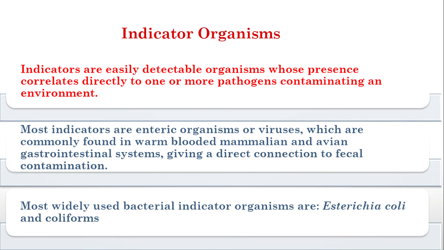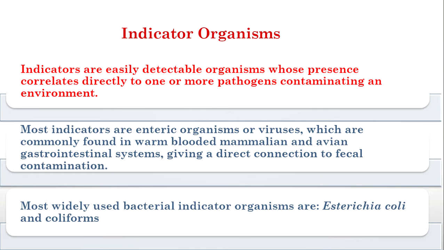But there are certain bacteria or microorganisms which can be easily found out by simple chemical tests. Such bacteria can be used as an indicator for finding the presence of bacterial pollution. That kind of bacteria are known as indicator organisms.